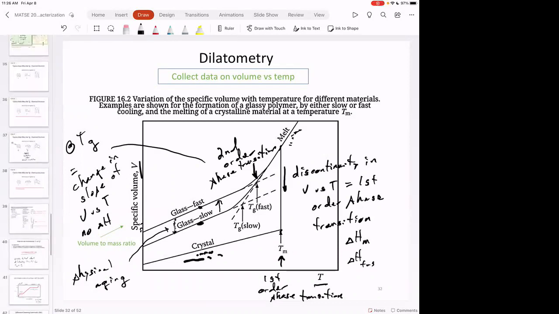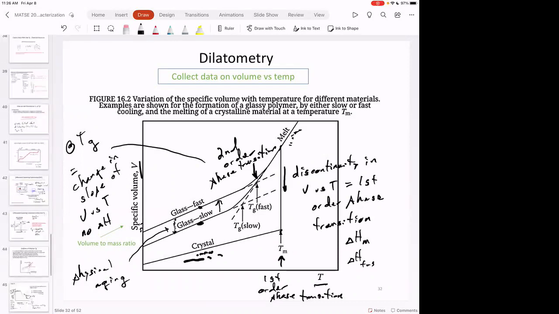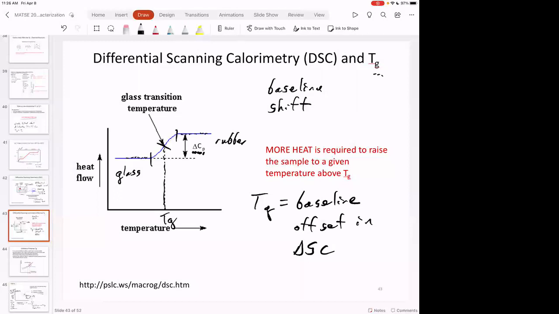And if they've got different specific volume versus temperature, they likely have different heat capacities as well. And so that gives us this baseline shift. And how we compute the TG is we usually just take the half height of this baseline shift. And so we assign that to TG.